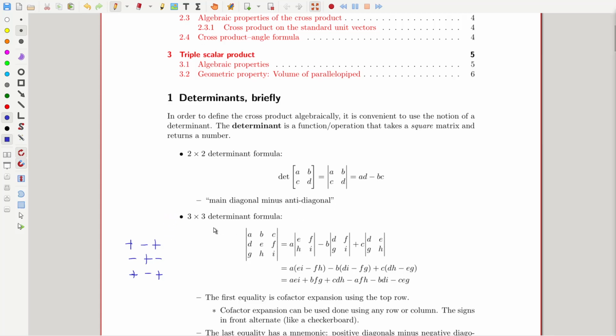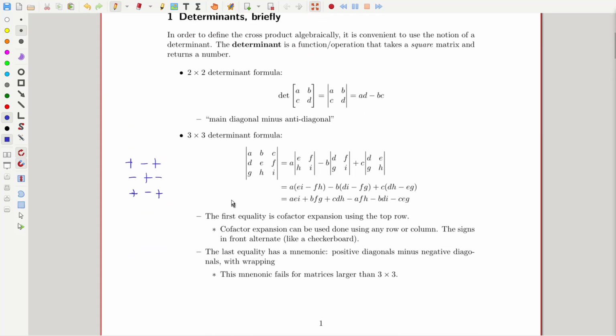For 3 by 3 matrices, it's a bit more involved. What you have is a process called cofactor expansion that allows you to write a determinant in terms of smaller determinants.